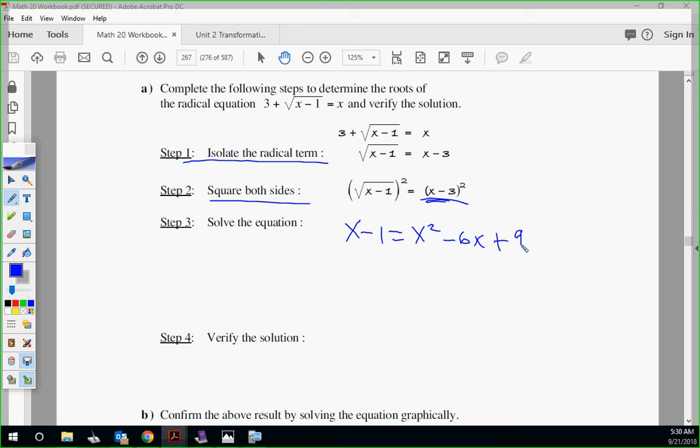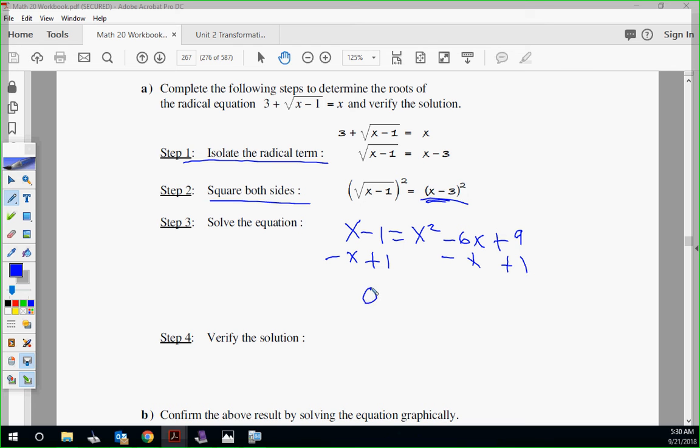Now since that's the case, we need to solve. See how there's an x squared there? Thinking about the section we're in, we're going to be solving by factoring. We've already done that in lesson 5. I need one side to be 0, so I use the zero product law. We go minus x and add a 1.